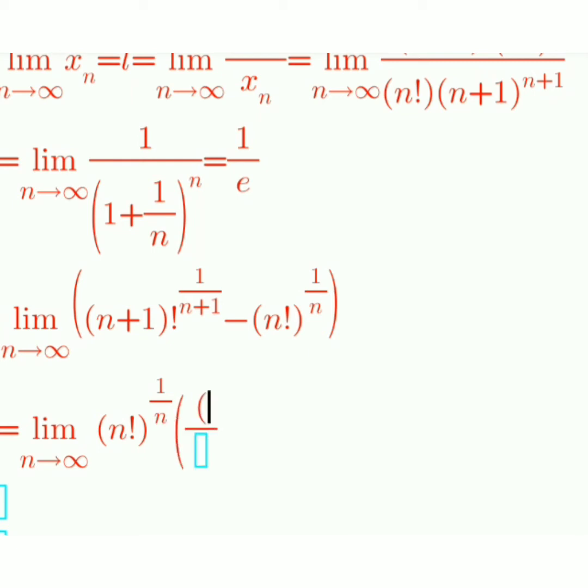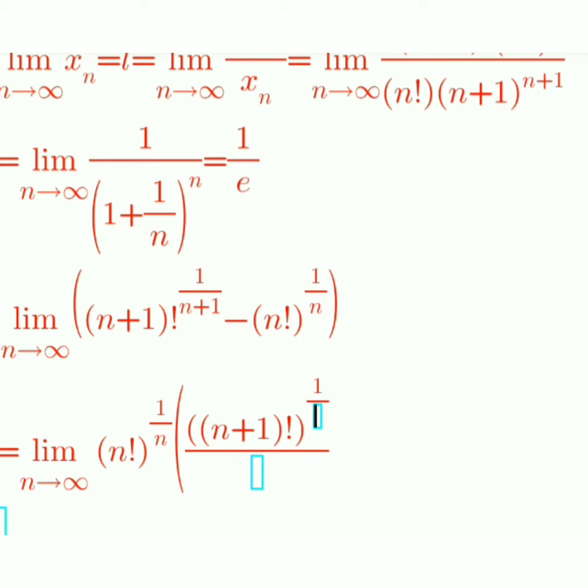I can write this way: (n+1) factorial whole to the power 1 by (n+1), n factorial whole to the power 1 by n.